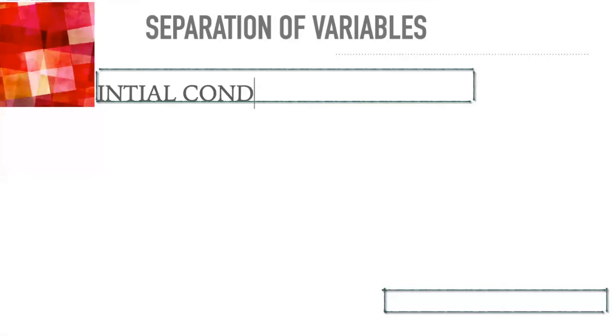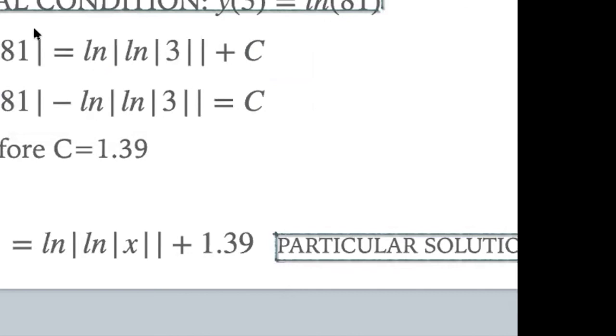Say we're given an initial condition, y of 3 equals ln 81, then it means that x is 3 and y is ln 81. So replacing y to be ln 81 and x to be 3, we have ln 3 and ln 81. We can carry it over the equal sign.